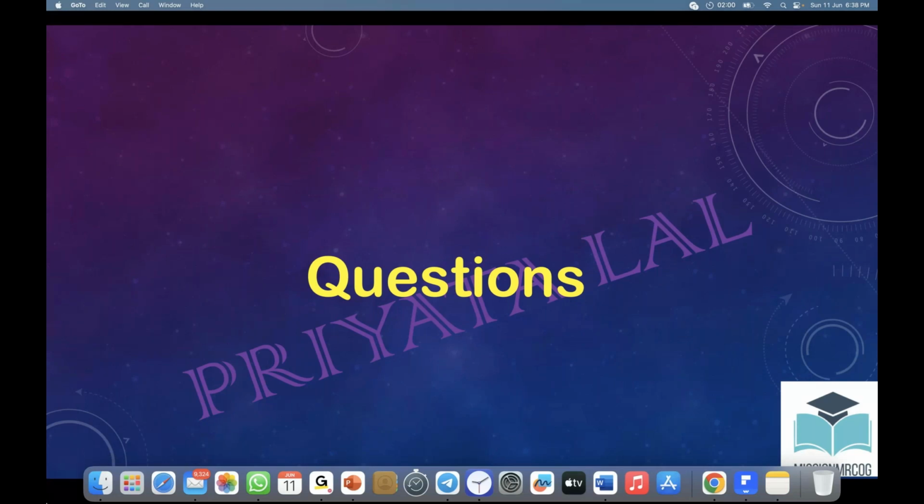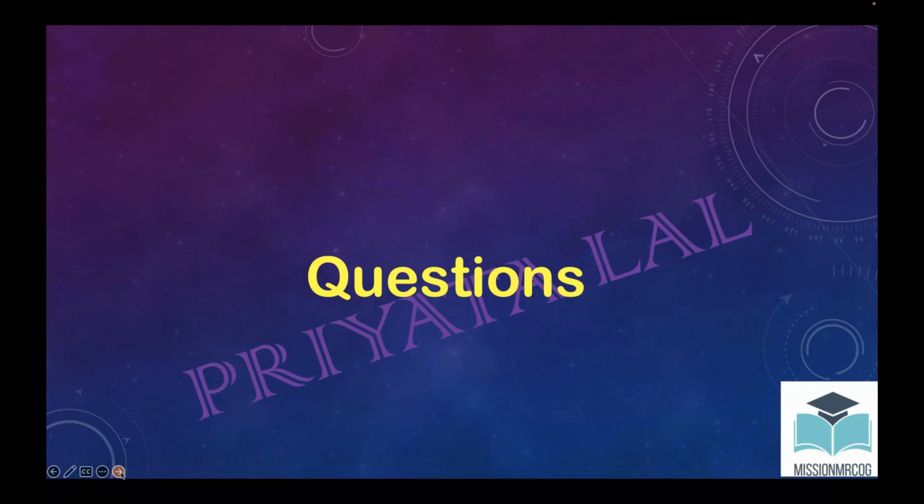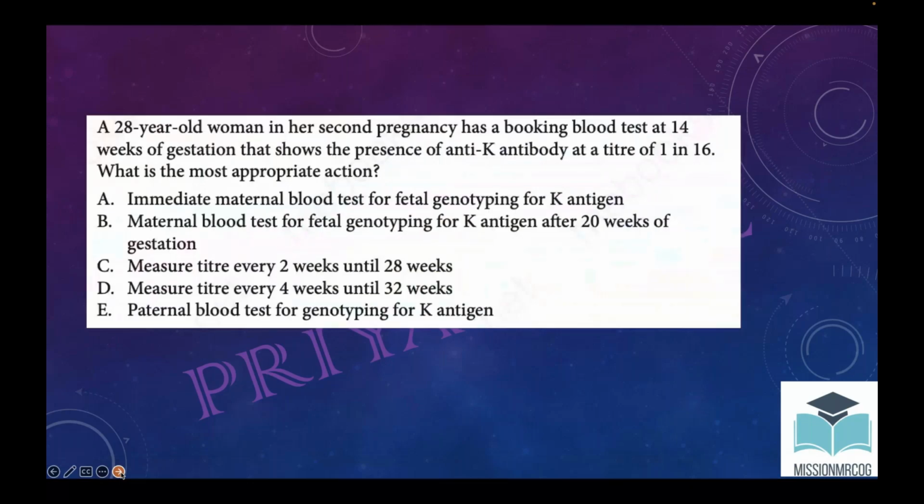Okay, no question. Fine. So a 28-year-old woman in the second pregnancy and 14 weeks of gestation, the titer is 1 in 16. So again they have given the titer for K. What should be done?